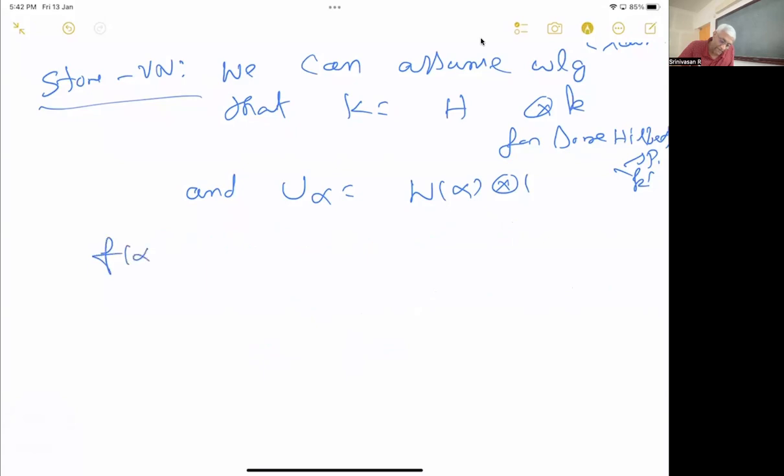So F of alpha is nothing but, by definition, what is F of alpha? Lambda of alpha with lambda 0, correct? By definition, lambda alpha, lambda 0 is defined by the K of alpha.